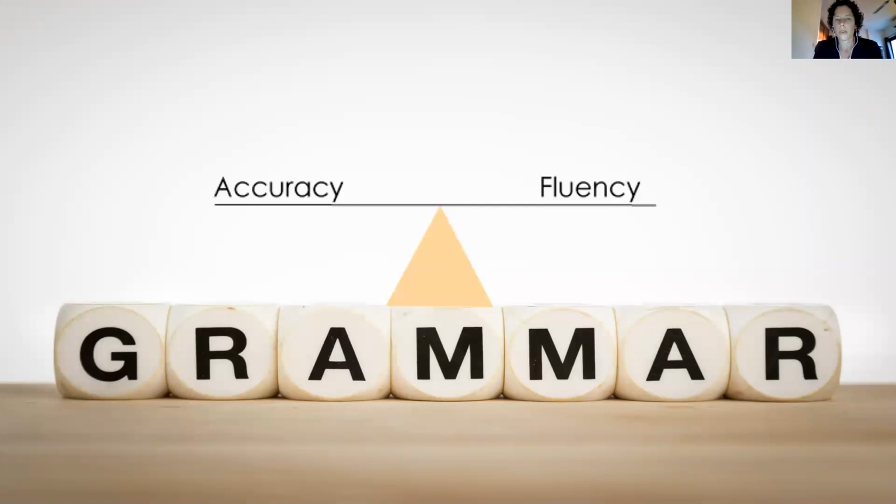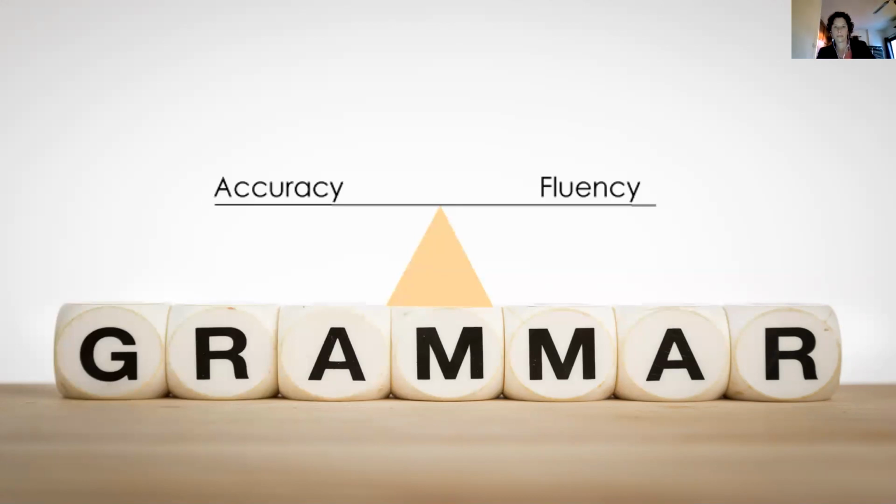So before we move on, I had another question for you all. This is another poll, if Heather could pull it up. The question is, which do you think is more important, accuracy or fluency? Okay, the poll is up and people have started voting.